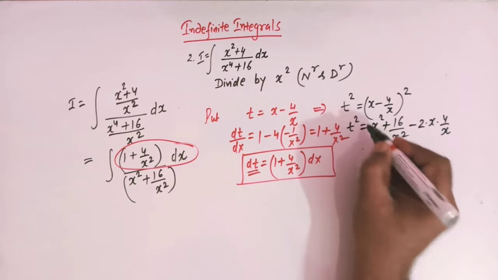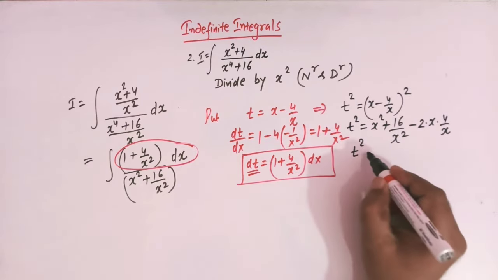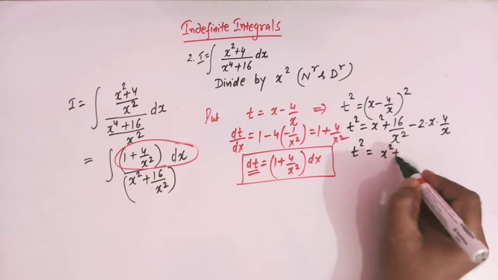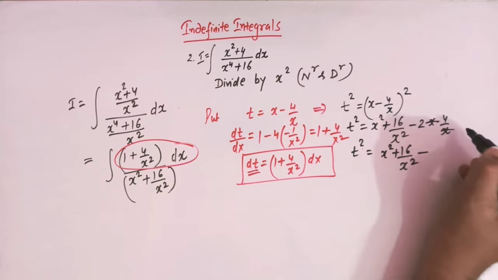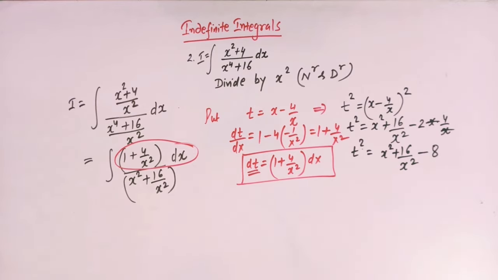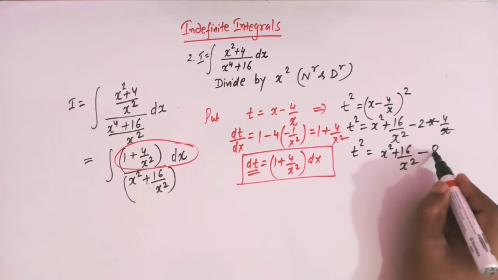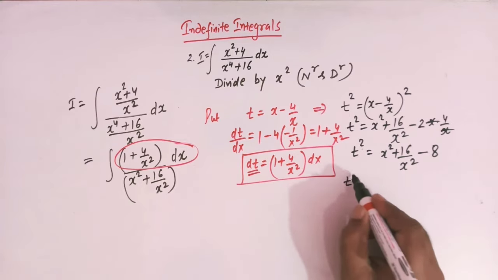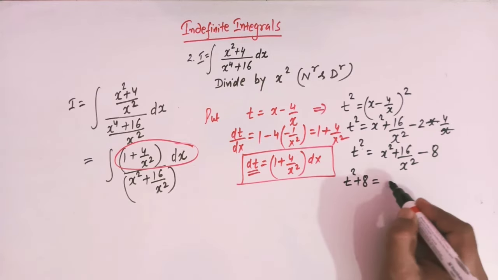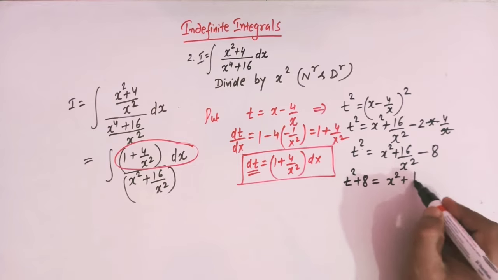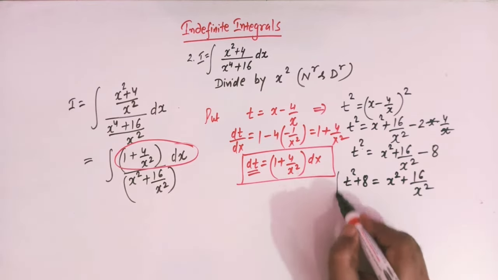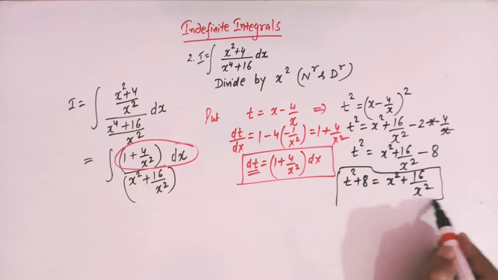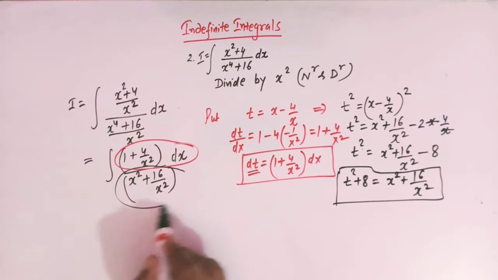The x and x get cancelled, so we have minus 8, and taking minus 8 to this side, we have t square plus 8 is equal to x square plus 16 over x square, right?